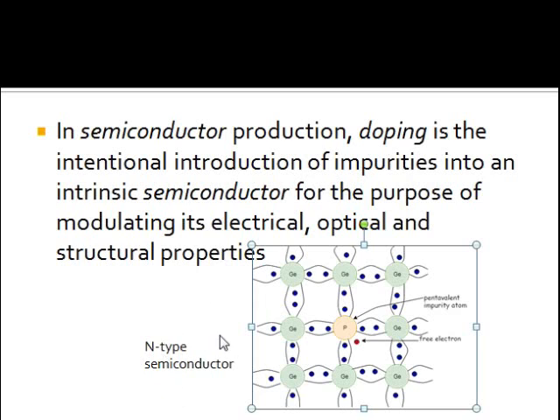Next, for a p-type semiconductor, instead of adding an impurity with 5 electrons, we add an impurity having only 3 electrons. If 3 electrons are added, one here, 2 here, and 3 here, then the remaining place has no electron.